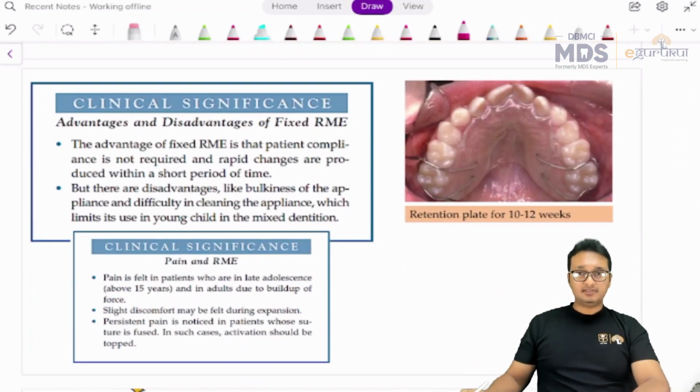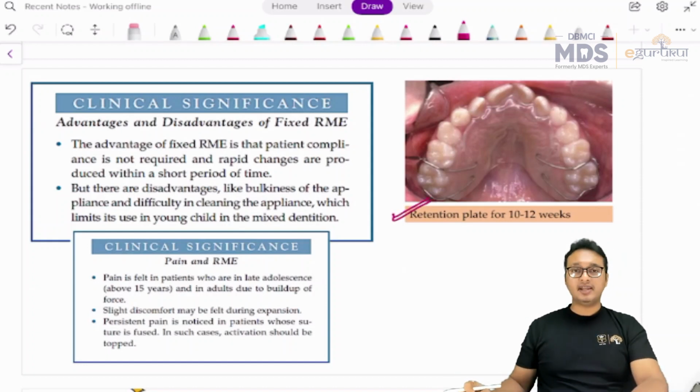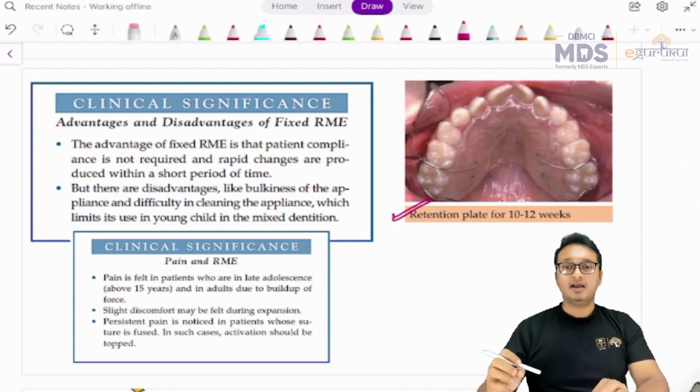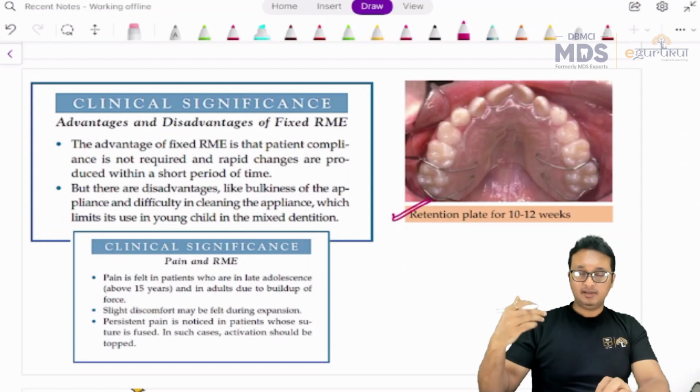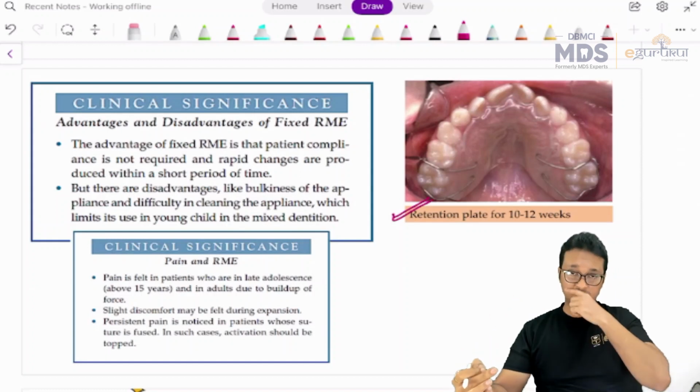After the expansion has taken place, we have to give a retention plate for at least 10 to 12 weeks. You see, expansion is a very unstable process. I told you earlier, because the maxilla is heavily articulated by surrounding bones, it also has to undergo retention for a prolonged period of time because it is extremely unstable.